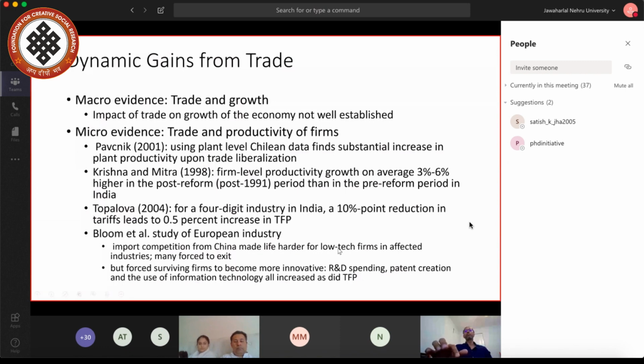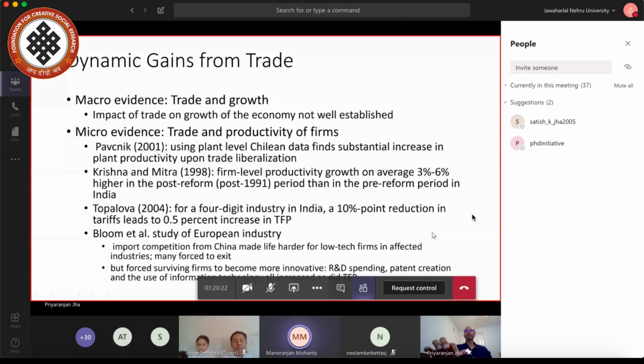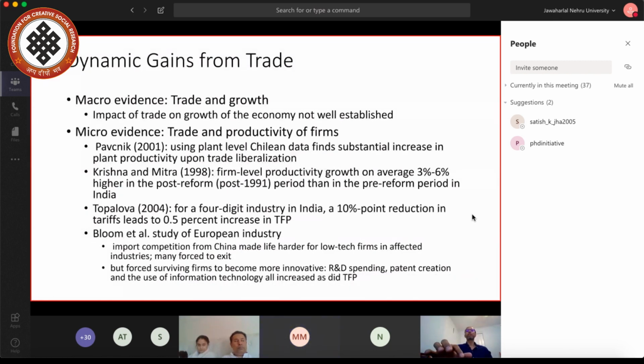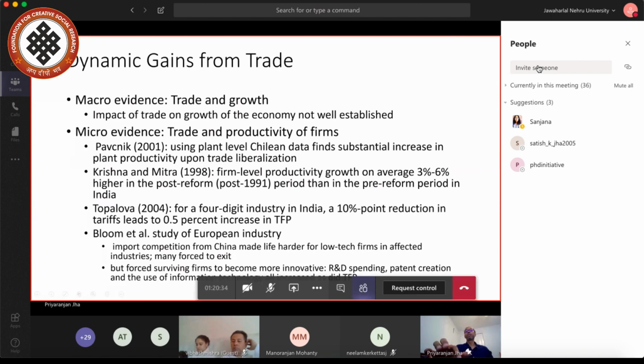They look at various European industries, and they look at the impact of trade with China. How does import competition from China affect these firms' productivity? What they find is that import competition has made life harder for low-tech firms, and many firms were forced to exit. Many firms go out of business.